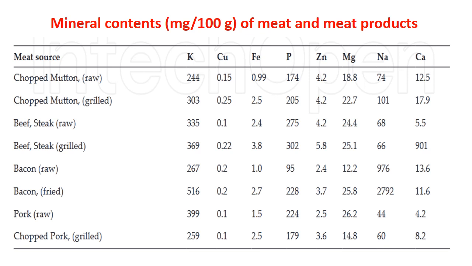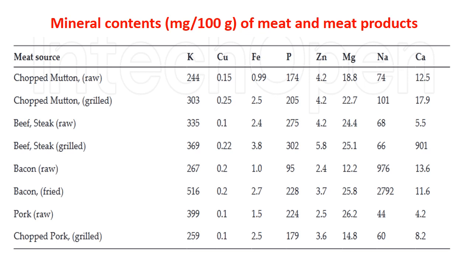Here we will see a list of important minerals like potassium, copper, iron, phosphorus, zinc, magnesium, sodium and calcium, compared between the red meats. Each variety is shown raw and cooked: mutton, beef, bacon and pork.